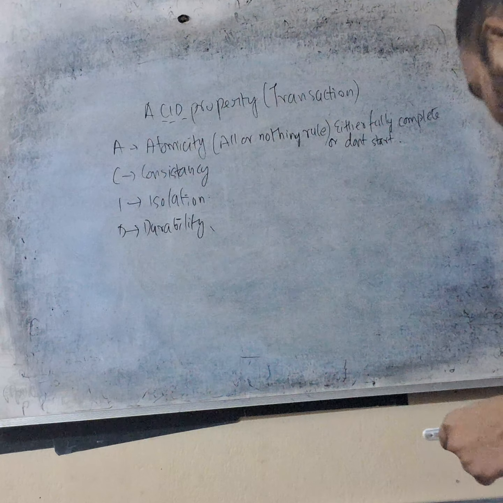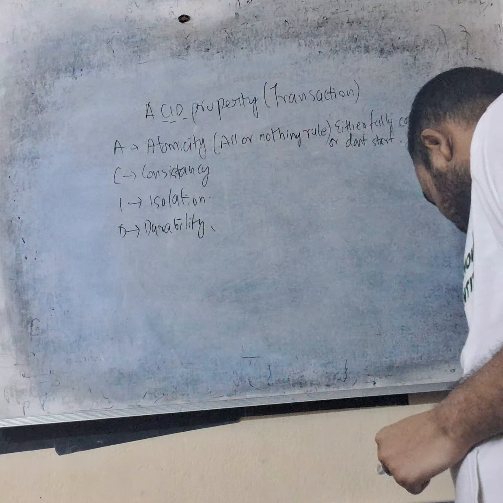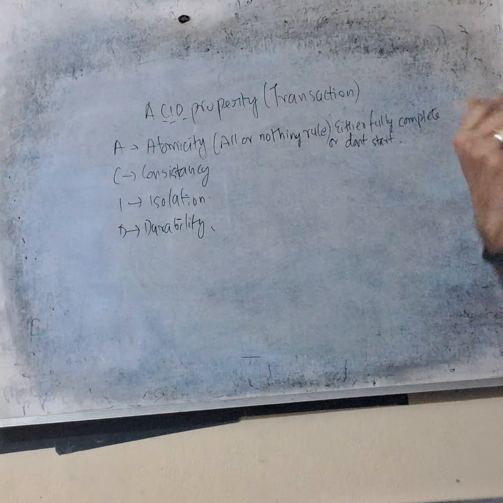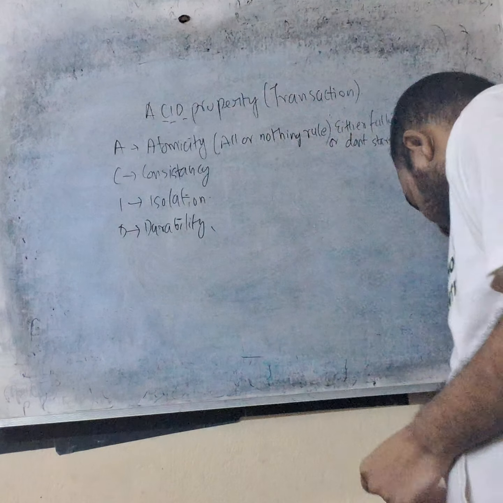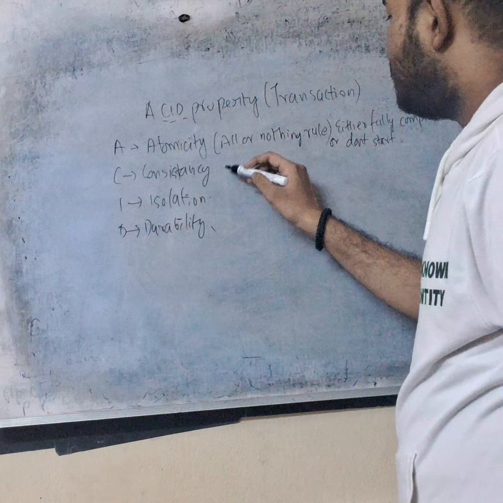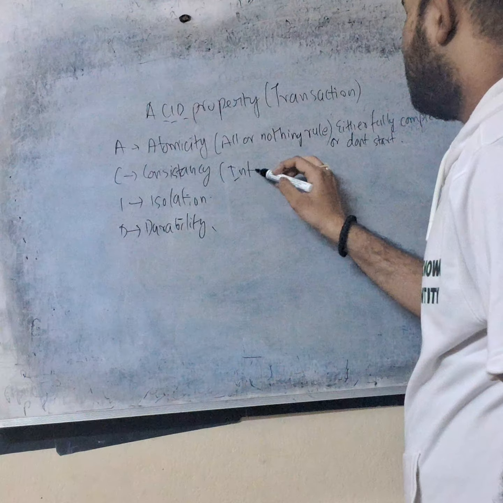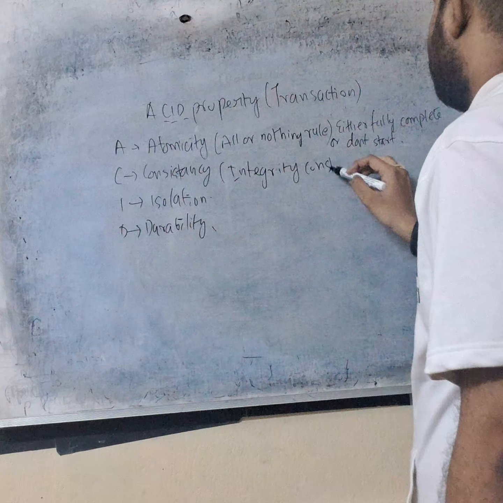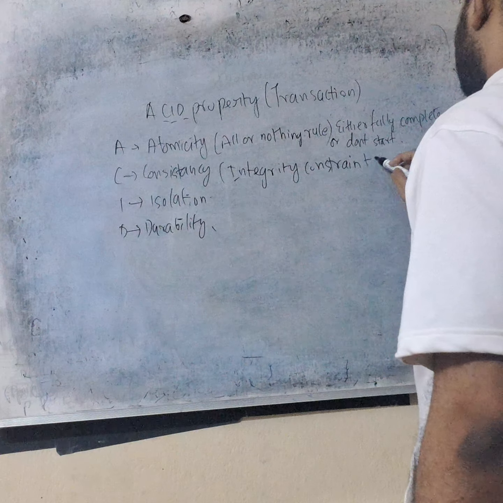Now what is consistency? Consistency means that the state of the database should be consistent after the transaction has taken place. That means all the integrity constraints are maintained.